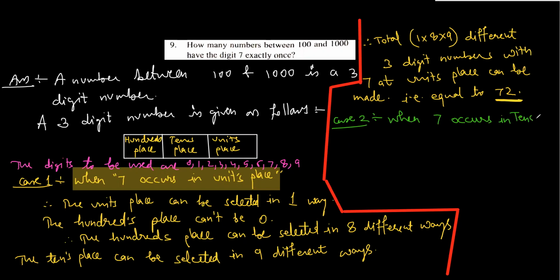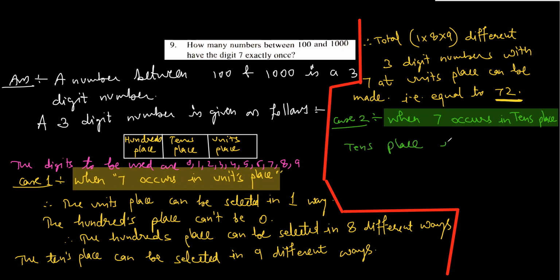See students, when 7 occurs in tens place, how will the scene change? I will go priority wise. The first thing I will do is put the 7 in tens place. So the tens place can be selected in one way. But I am not writing it completely, you will have to write that the tens place can be selected in one way.